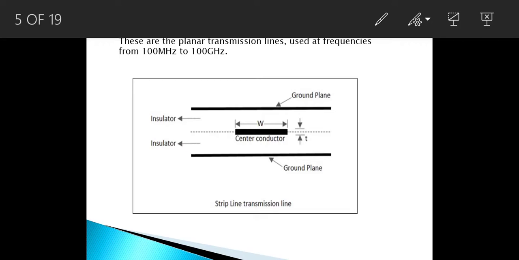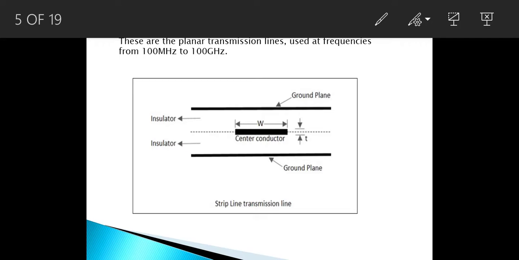Strip line is a transverse electromagnetic transmission line, you can say a TEM line medium, invented by Robert M. Barrett of the Air Force Cambridge Research Center in 1950. Strip line is the earliest form of planar transmission line.